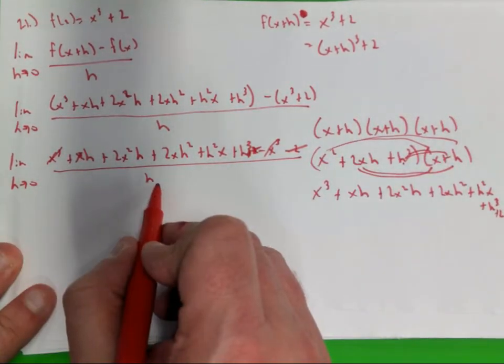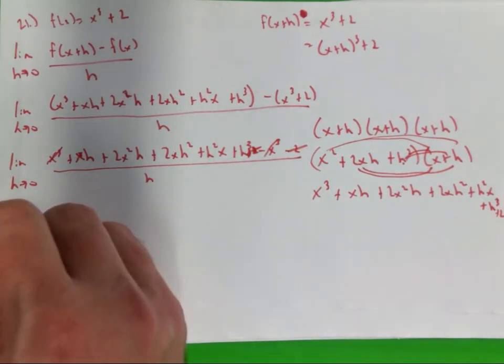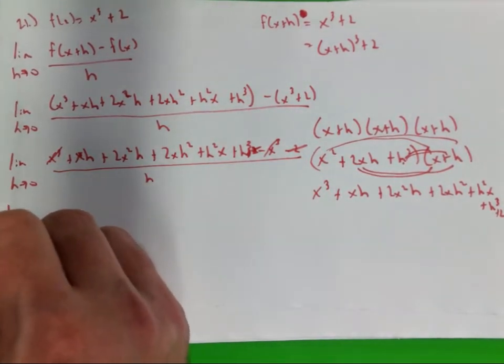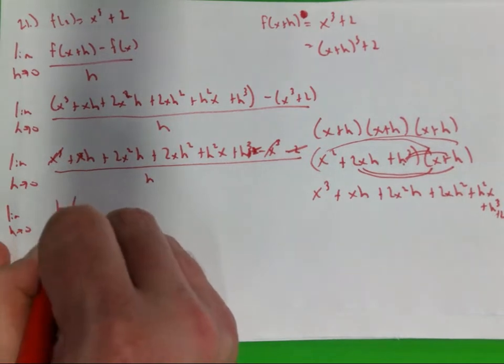I take 0, I plug it in, I still get 0, so I'm going to factor. Take an h out.